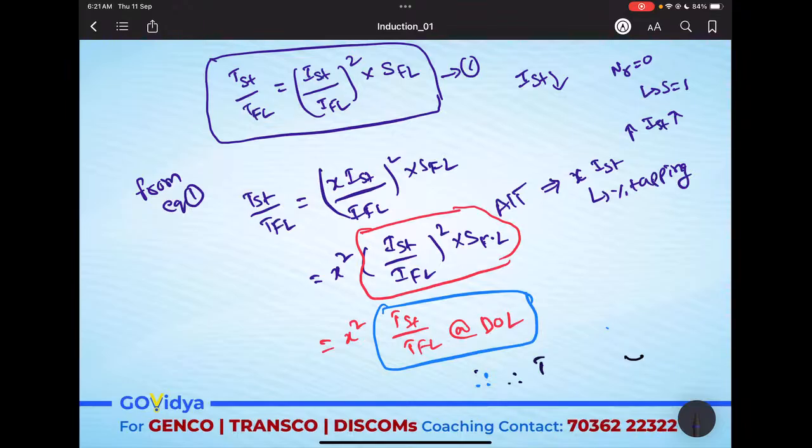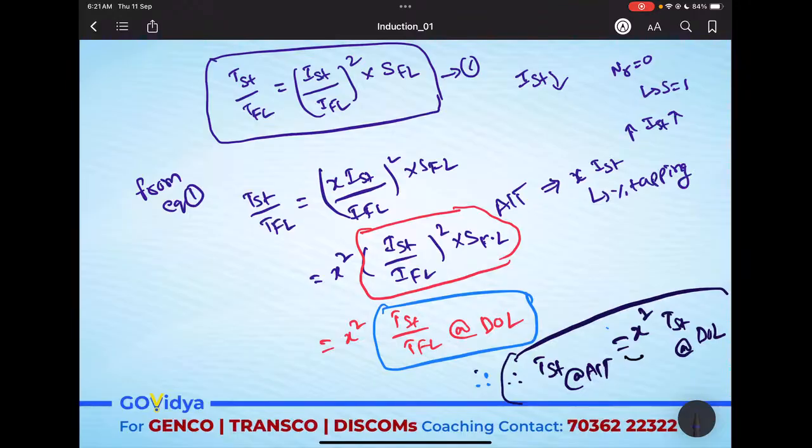Therefore, starting torque at the rate auto transformer is equal to x square into starting torque at the rate DYL. This is the equation we got from this, where x is percentage tapping of auto transformer.